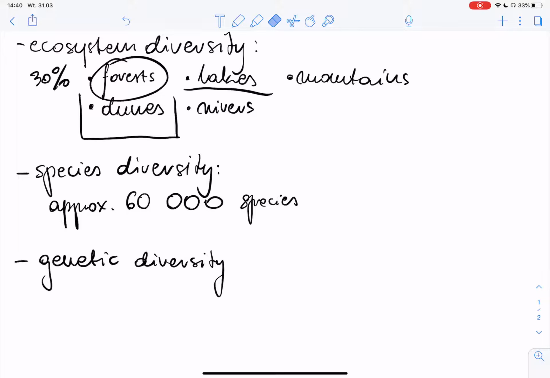And guys, the diversity as such is shaped by natural processes, and let's call them diversity shaping factors.